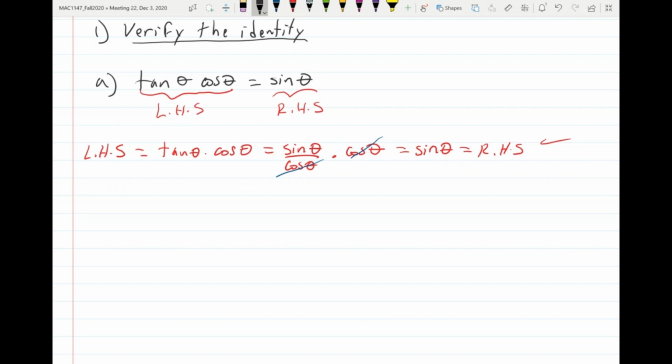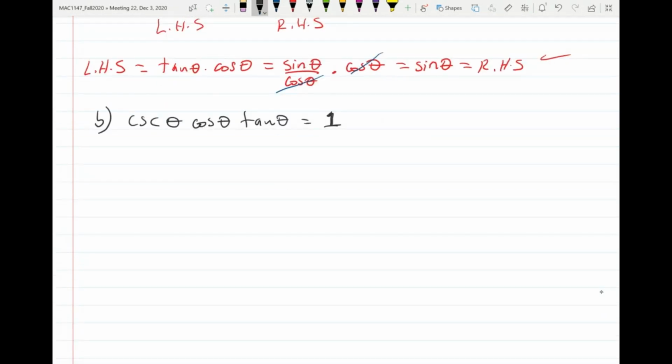All right, so let's put a couple more here. Let's verify b: cosecant times cosine times tangent is always equal to 1, regardless of the angle. Then c: 1 plus sine of x times 1 plus sine of negative x is always cosine squared.